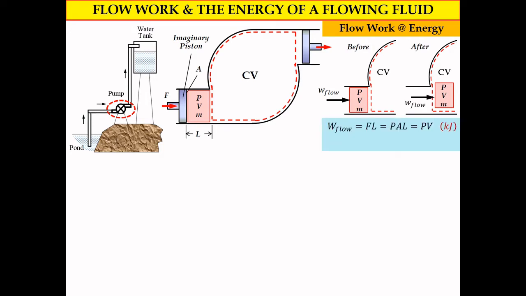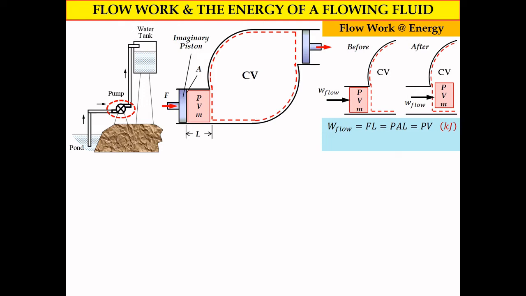In terms of equation, flow work is equal to F multiplied by L, as we know the formula for work when we provide a force over a certain distance. Since F equals PA, we have flow work equal to PAL, where A stands for cross-section area, L for distance, and P for pressure.